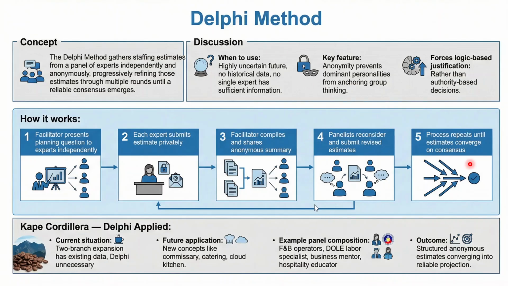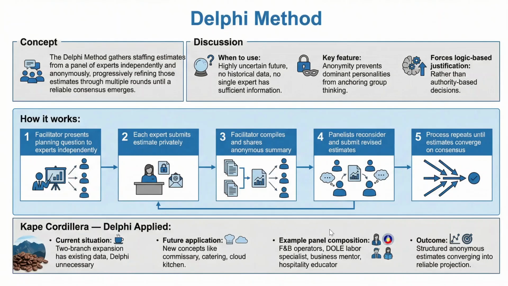Instead of relying on numbers, historical data, you gather a panel of experts, ask them independently for their estimates, and through multiple anonymous rounds, you refine those estimates until a reliable consensus emerges. Yeah. So, yun yung mga 5 stages. Hindi ko na yan iisa-isahin, di ba?